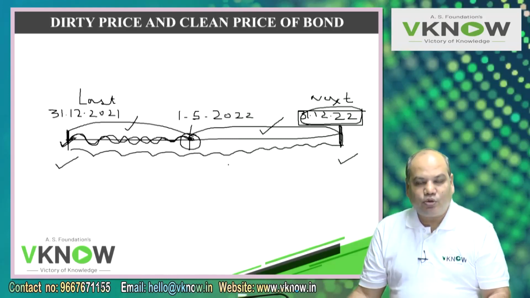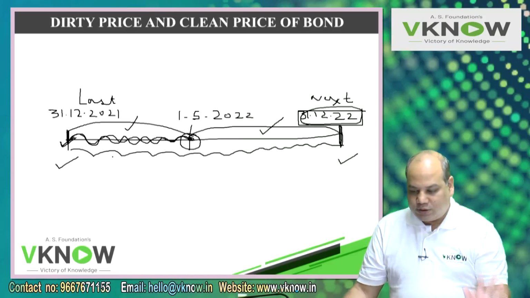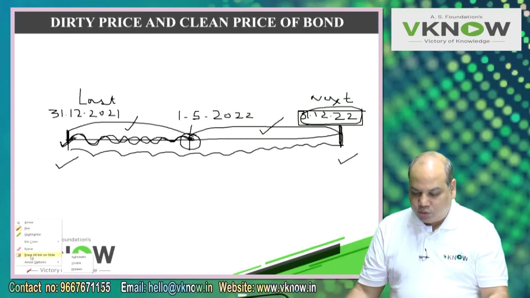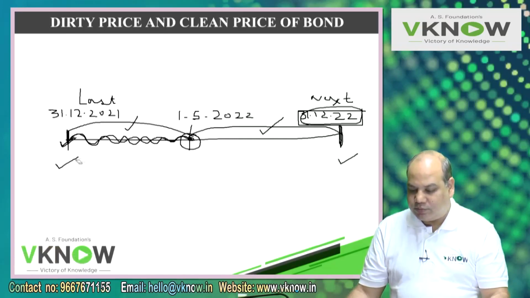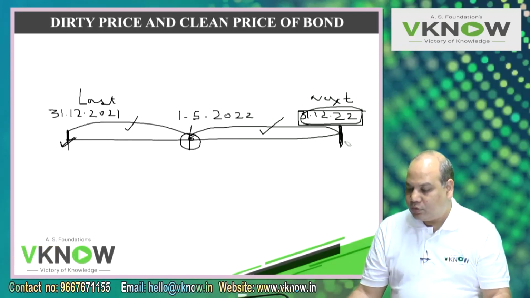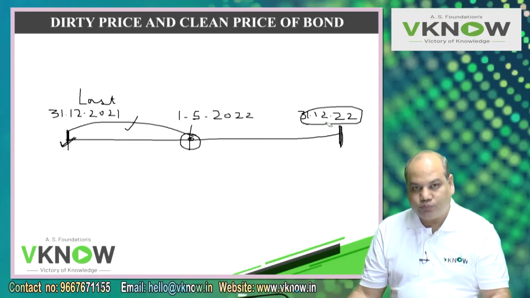Is the company going to pay interest to 24 different owners? No, you have to settle among yourselves. You have to include the interest accrued in the pricing. The company will pay only to the person whose name appears on 31st December 2022.